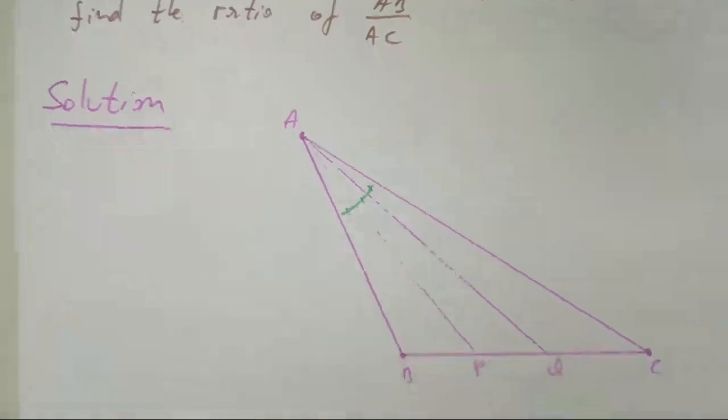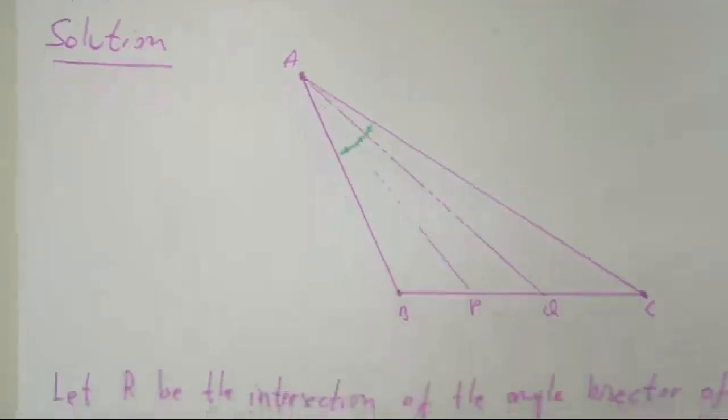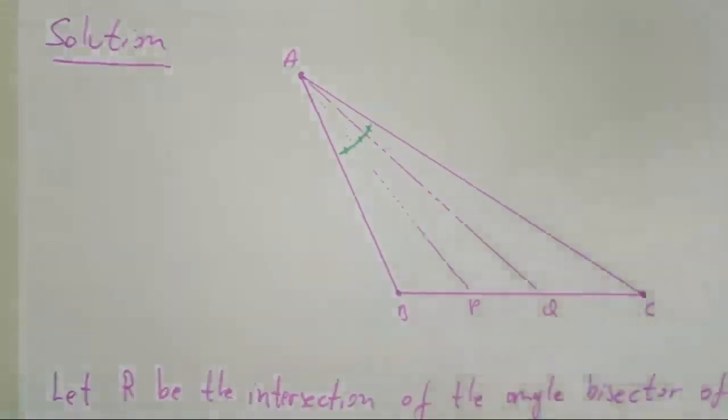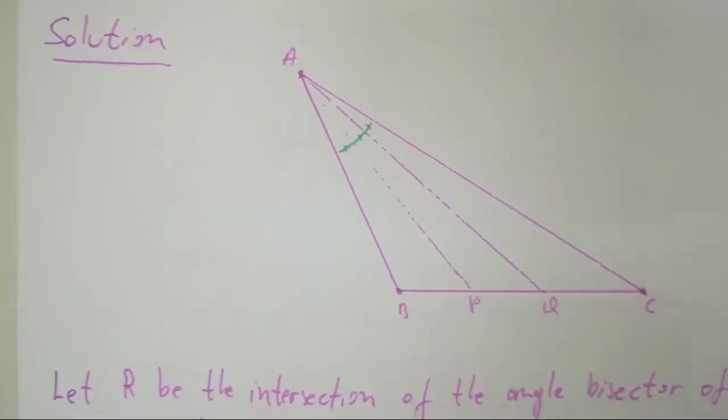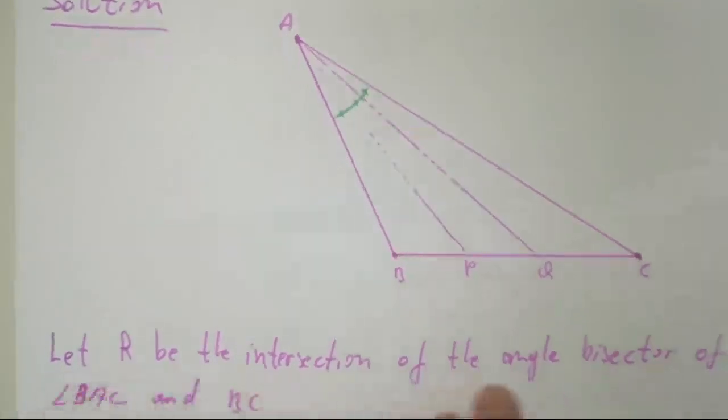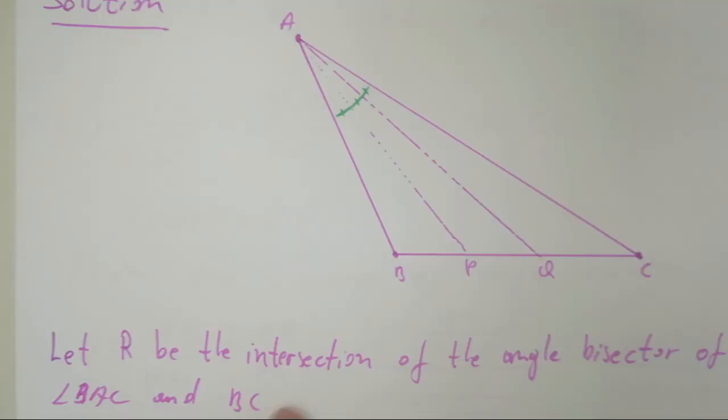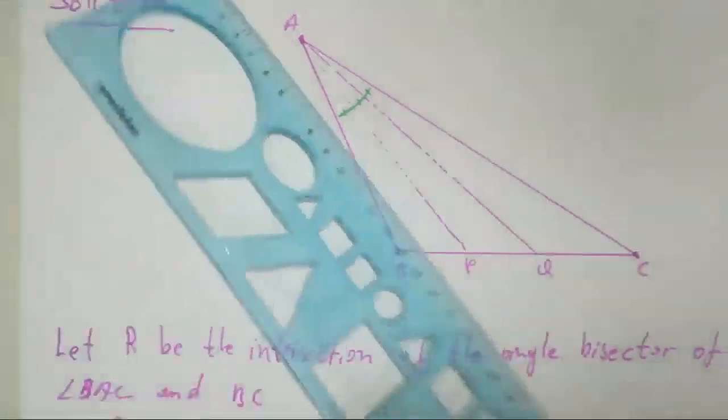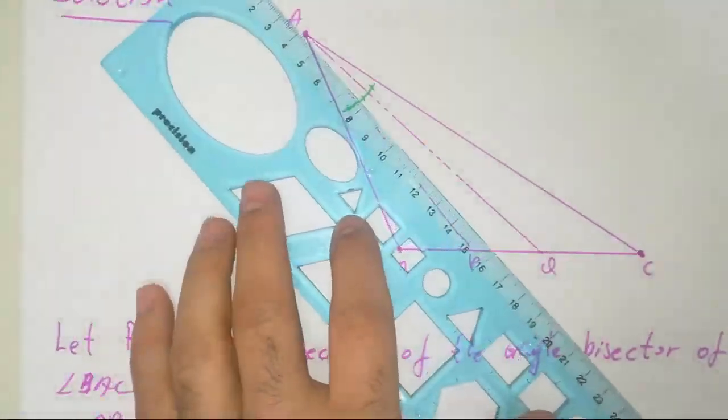So let's add another line, which will be the angle bisector of the angle BAC. So let R be the intersection of the angle bisector of BAC and BC. So the point here, let us draw it here.